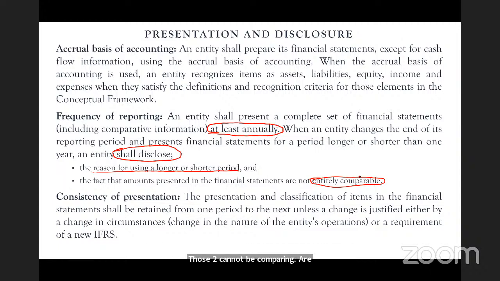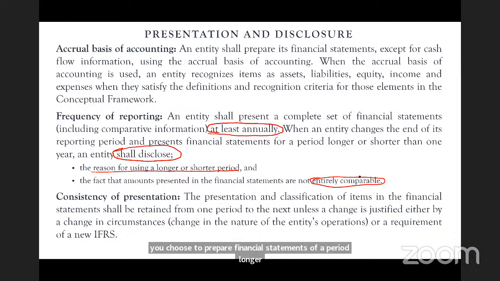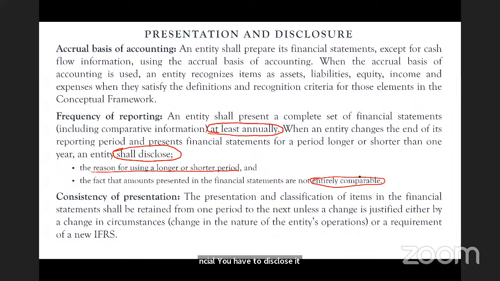So that's why if you choose to prepare financial statements of a period longer or shorter, you have to disclose it. Are we together? Most of these things we are looking at, you'll appreciate them further when we go to paper 7. They may not be at this level, but the definitions of them and understanding of them, you need to have it because it is part of the syllabus.